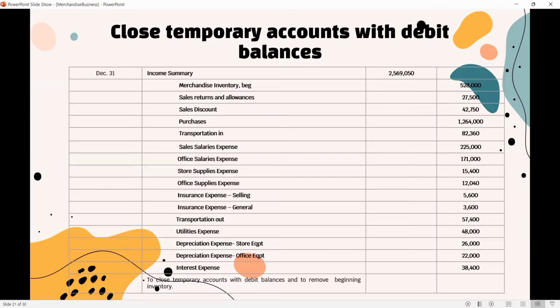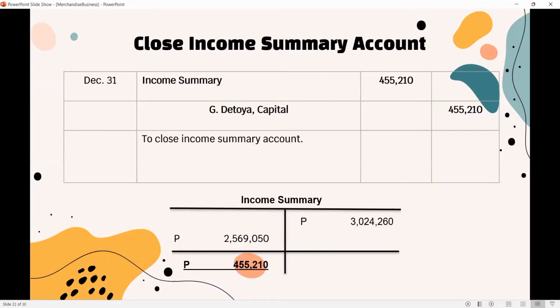So next, close naman na natin yung income summary account. So we have debit income summary na 455,210 and credit GD Toya Capital na 455,210. So nakuha natin yan by deducting yung income na close natin nung una na 3,024,260.